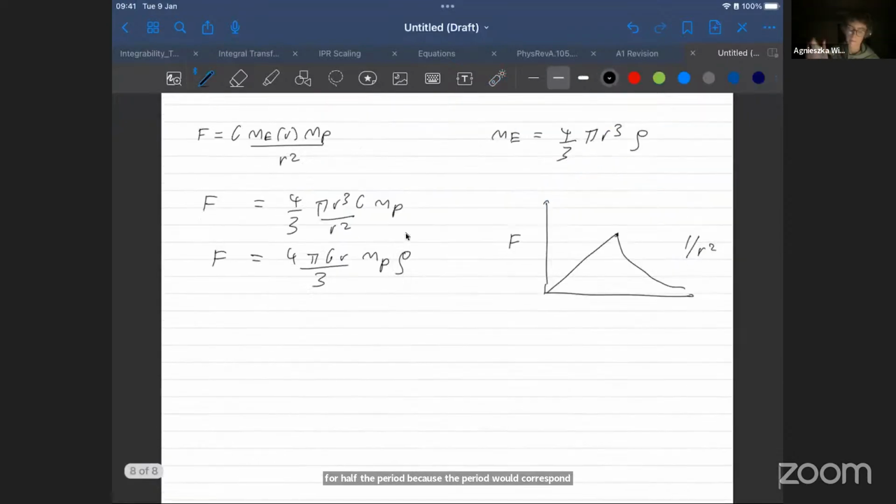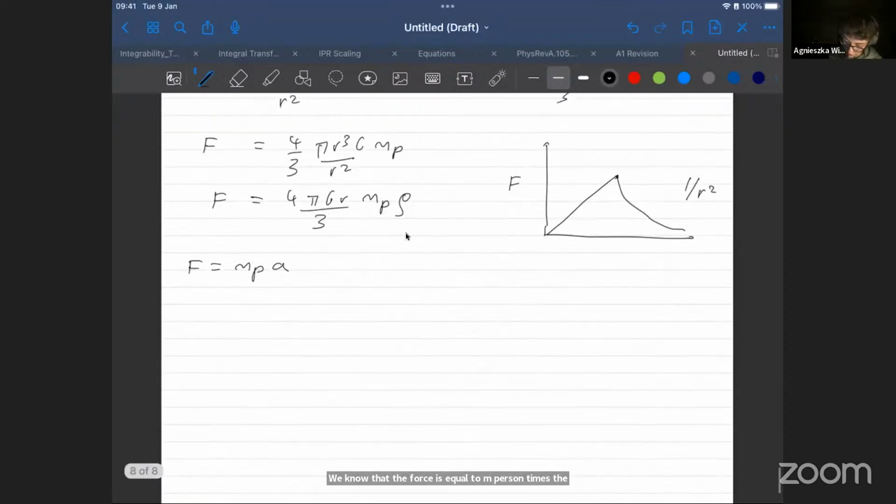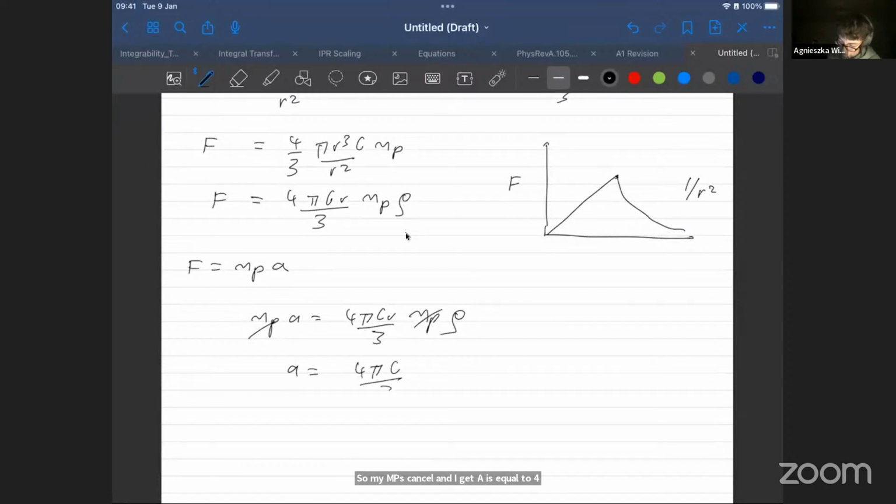So let's make this look like simple harmonic motion. We know that the force is equal to m_person times the acceleration. So if I equate these two equations, I get that m_p a is equal to 4 pi G r over 3 m_p rho. My m_p cancel, and I get a is equal to 4 pi G over 3 rho r.